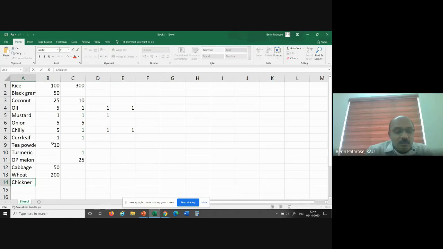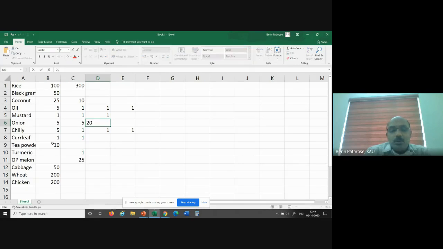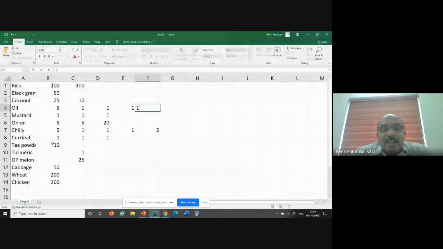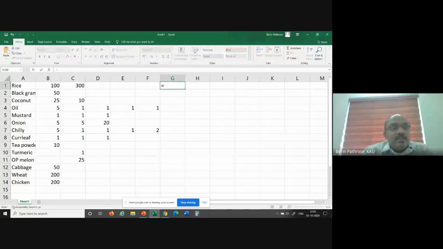Meat again, it will be 200 gram. Again there will be onion, a bit more, 20. Chili will be there, 2. Curry leaf 1. Oil 1. Okay. So did you get how we calculate it? Every day, whatever you consume, you have to calculate. I am summing up all the things.